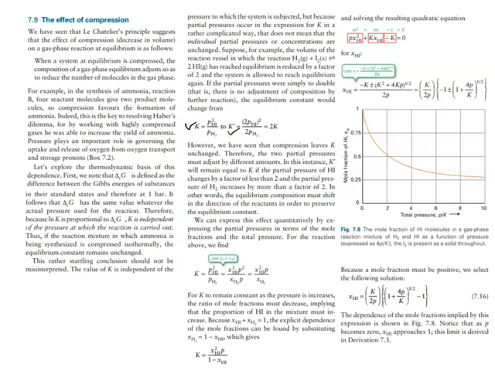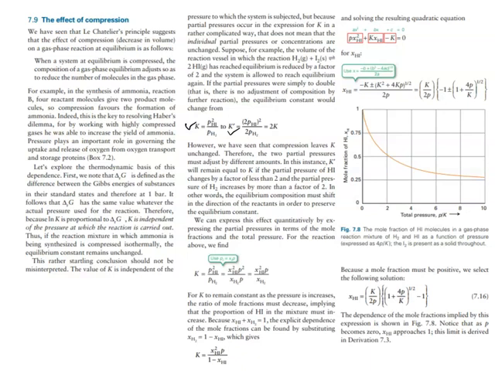Therefore, the 2 partial pressures must adjust by different amounts. In this instance, K prime will remain equal to K if the partial pressure of HI changes by a factor of less than 2, and the partial pressure of H2 increases by more than a factor of 2. In other words, the equilibrium composition must shift in the direction of the reactants in order to preserve the equilibrium constant.